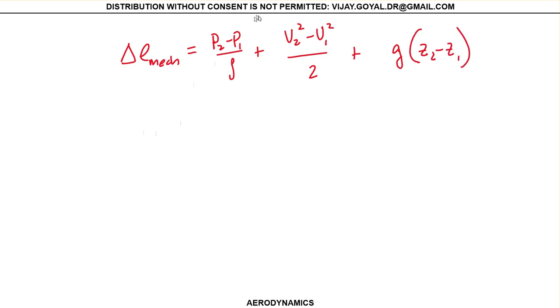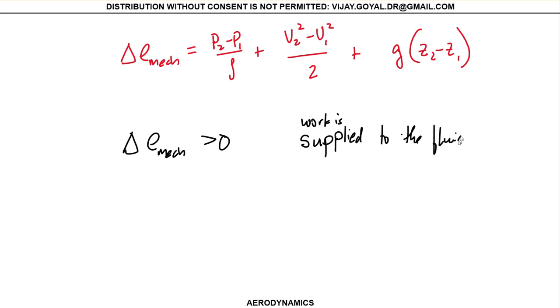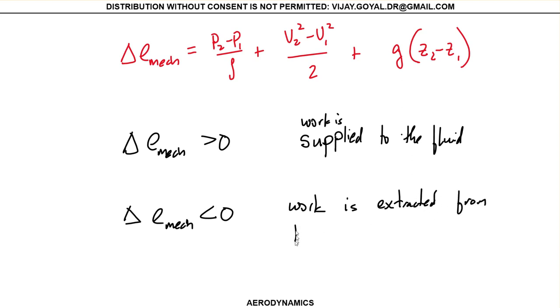So every problem depends on you locating what your position 1 and what your position 2 are. Now, delta E mechanical is going to be bigger than 0 if work is supplied to the fluid, and delta E mechanical is going to be less than 0 if work is extracted from the fluid.